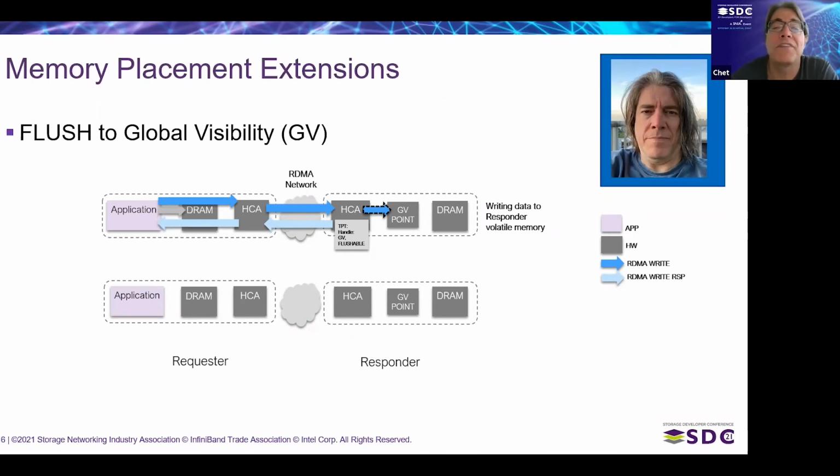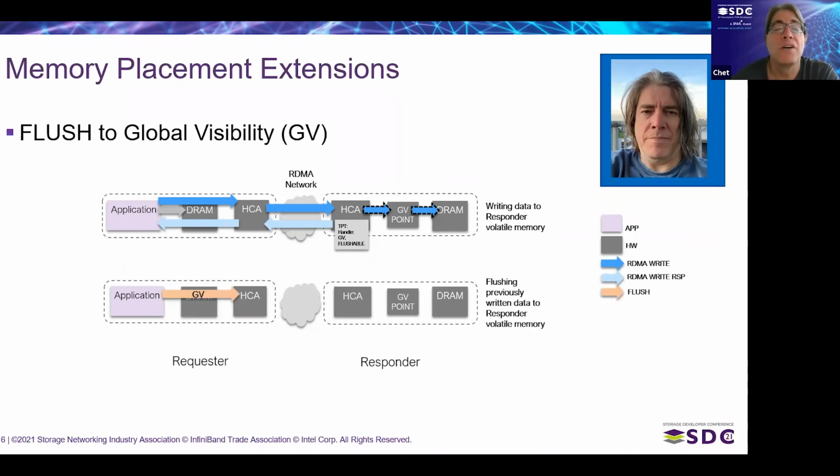I'm really trying to emphasize the fact that that completion, the light blue arrow going back to the left to the application, doesn't tell you whether the data is globally visible or not. Naturally, the pipeline is probably already moving this data to the final point. But the point is we don't know where that data is. And so we follow it with a flush.